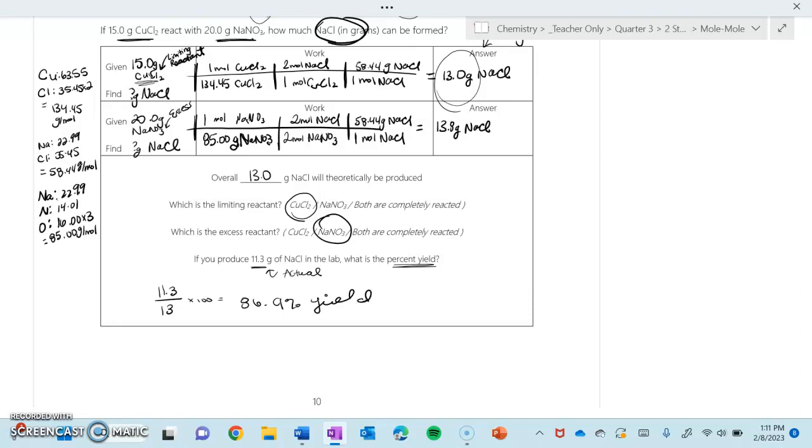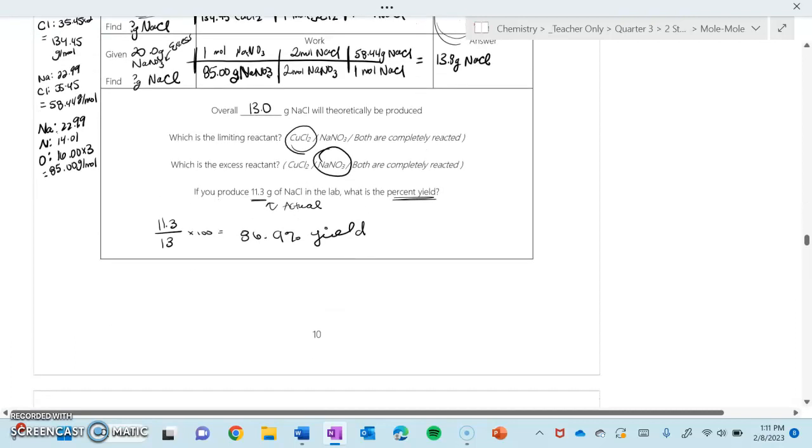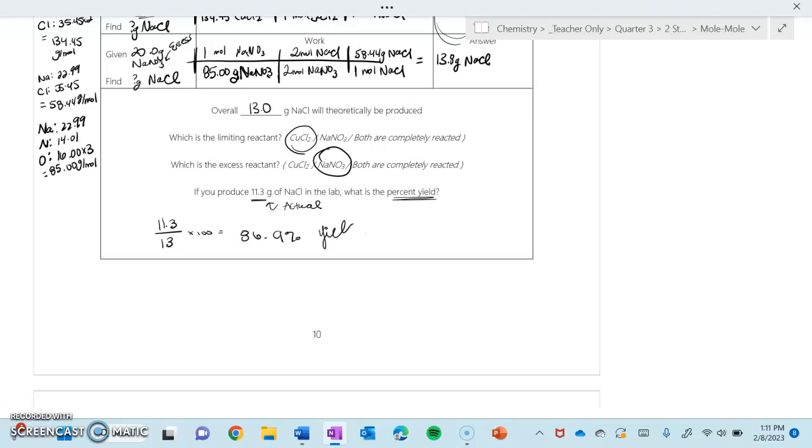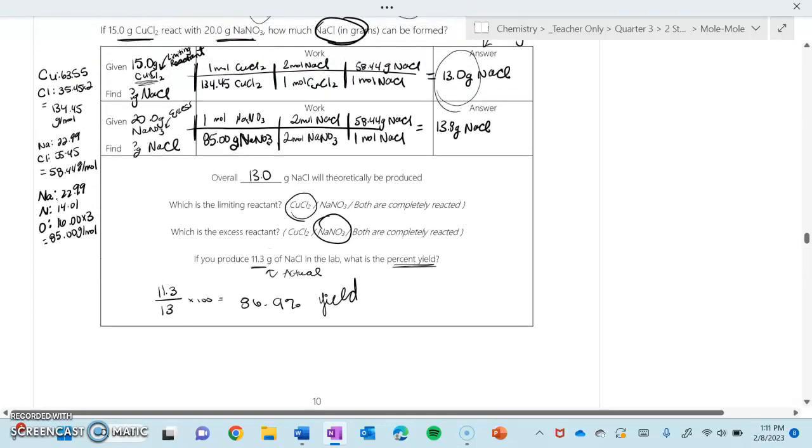On our percentages, I'm not going to worry too much about your rounding, so if you do ones place or tens place, either one is fine as long as it is in the same ballpark. It will be counted correct. So this is an 86.9% yield for our value here. Now, if you did have a number over 100, that is possible.